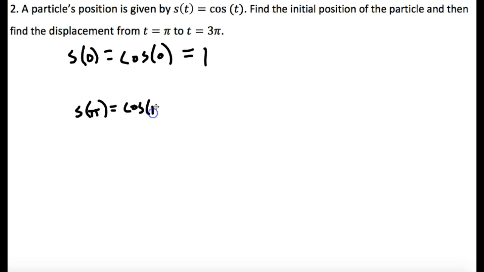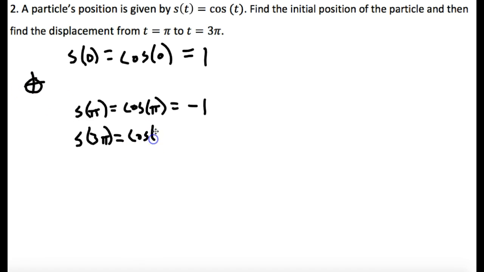Cosine of pi, well, on the unit circle, pi is all the way over to the left. So the x-coordinate there is -1. Then at 3 pi, well, 3 pi is 2 pi further than pi. So if I'm at pi over here, I go 1 full rotation, and I'm all the way back over here. Right?